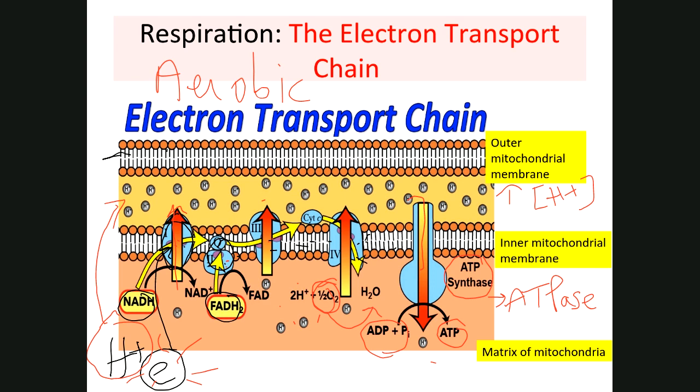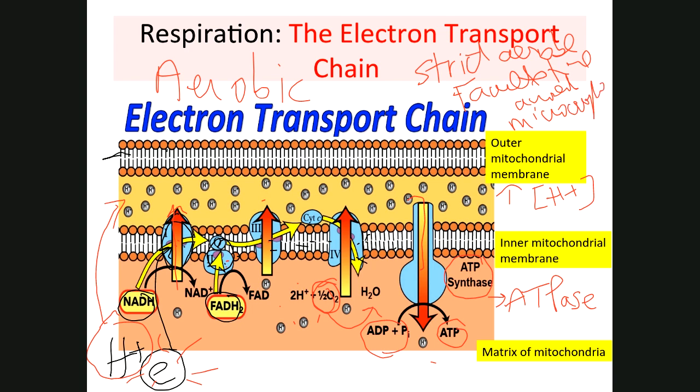This is the type of electron transport chain that will be seen in a strict aerobe, or a facultative anaerobe, or a macroaerophile. So strict aerobes, facultative anaerobes, and macroaerophiles are the type of bacteria that have this aerobic electron transport chain.